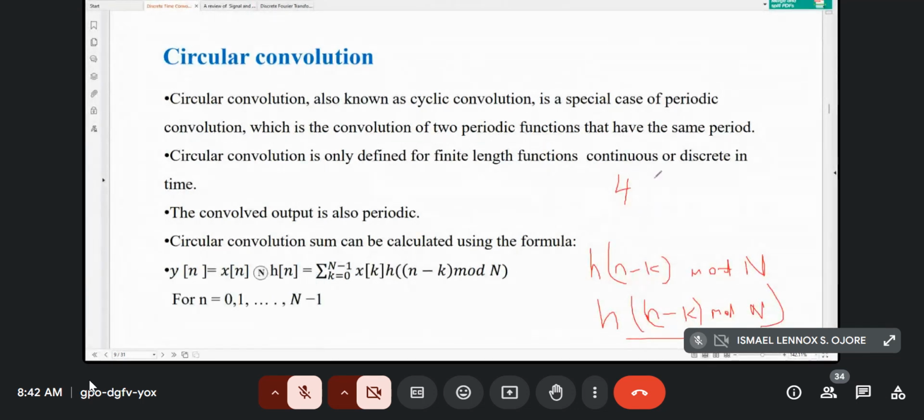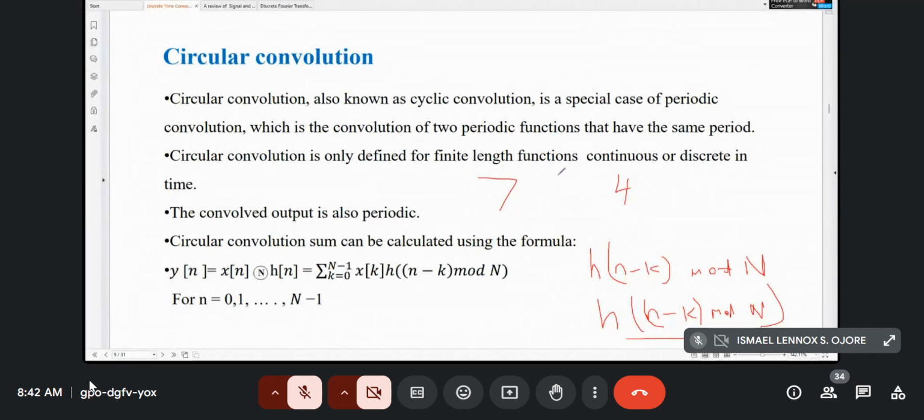So in modular arithmetic, if you have a number which is bigger than 4, you write that number as the remainder when you divide that number by 4. For example, suppose you have in mod 4, 7. 7 in mod 4 is 3. It's just 7 divided by 4 goes to 1, remainder 3. Yeah. So 7 in mod 4 is 3.